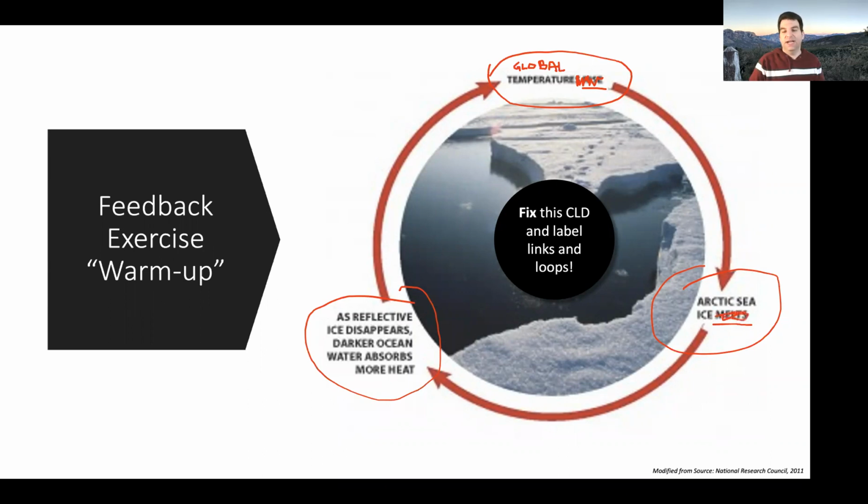It just turns into Arctic sea ice. And if you wanted to be more specific, you could make this amount of Arctic sea ice. So that makes it clear that it's the quantity of Arctic sea ice that we're focusing on, or ice mass. That's a good one too, or thickness. Yeah, all these are great.